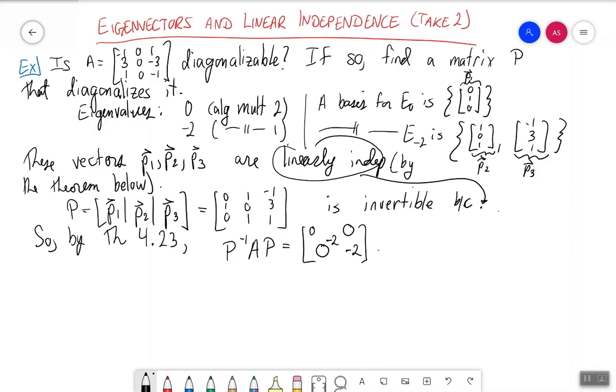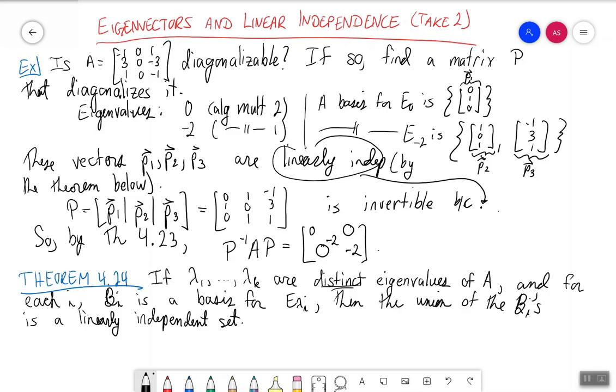So how did I know that the vectors P1, P2, and P3 were linearly independent? Well, I used the following theorem. If lambda 1 through lambda k are distinct eigenvalues of A, and for each i, B sub i is a basis for E sub lambda i, the eigenspace of lambda i, then the union of the B_i's is a linearly independent set.